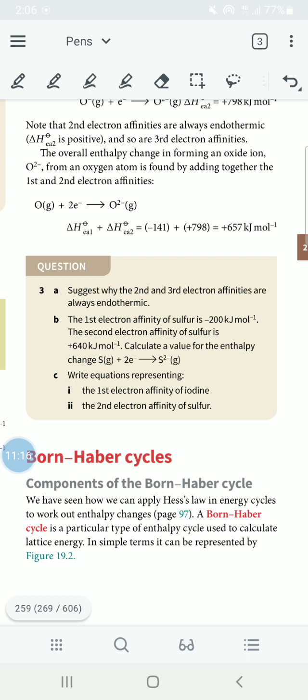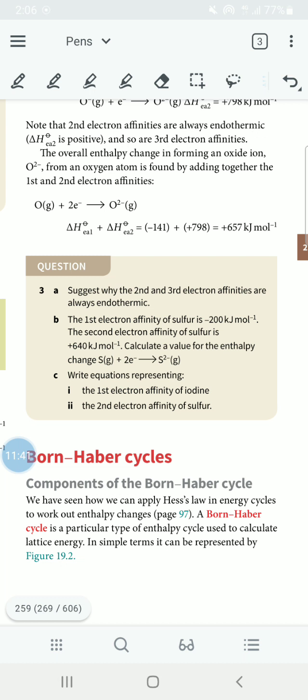So obviously you have to add them together. So that is going to be +440 kilojoules per mole. I hope you understood that, because for the first and second electron affinities, you get the values and you add them. −200 plus 640 is +440 kilojoules per mole, right?